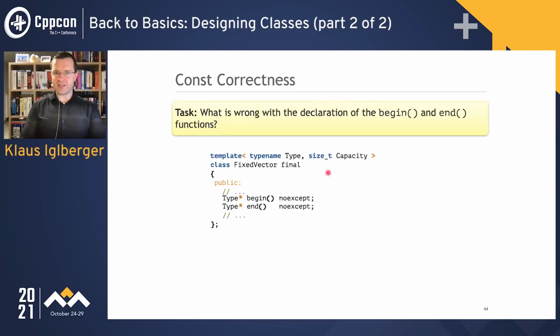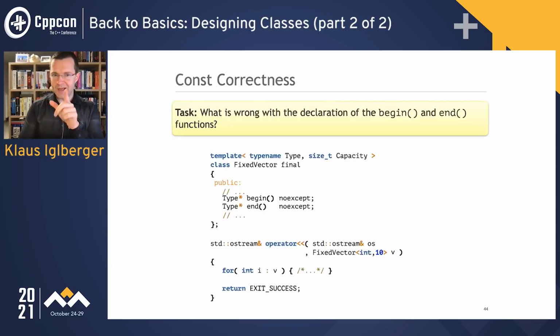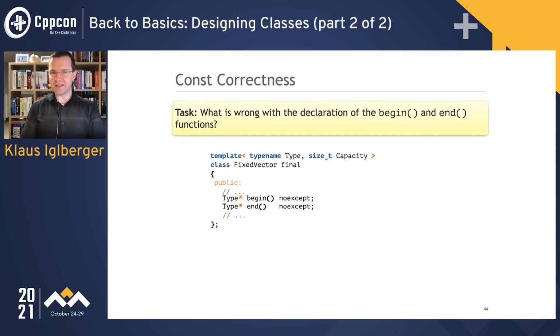I have a type template parameter, that is the type of elements, and I have a capacity. And by the way, note again the name capacity. You now have a full and perfect idea of what I mean. It's the capacity only. I believe we talked about this. Now this container, as all the other containers, has a begin and an end function. That's reasonable. That is the expected interface.